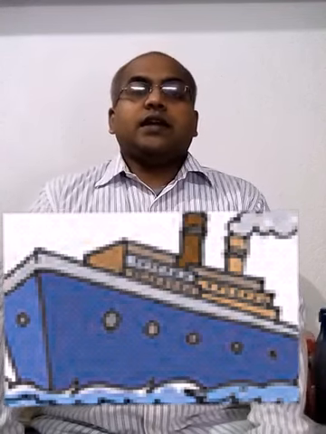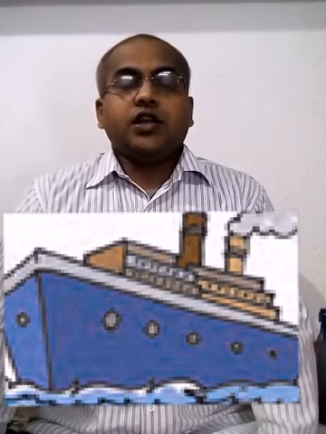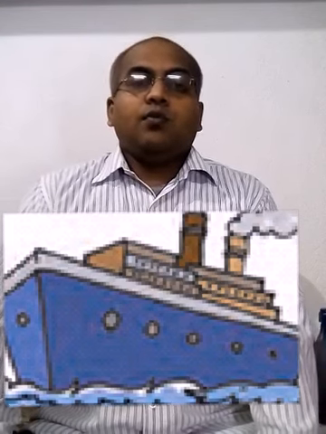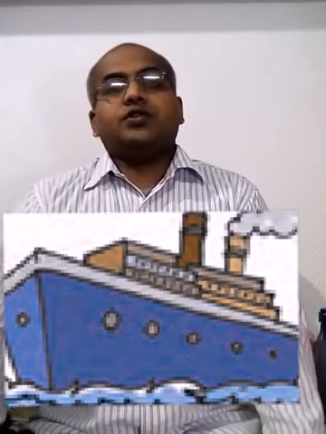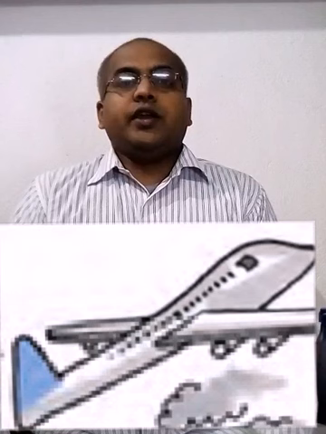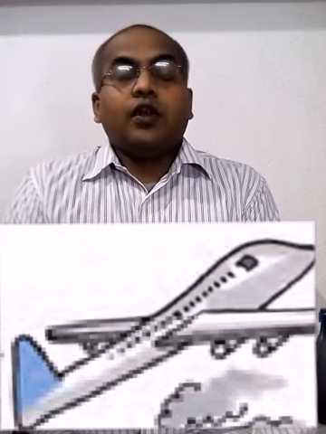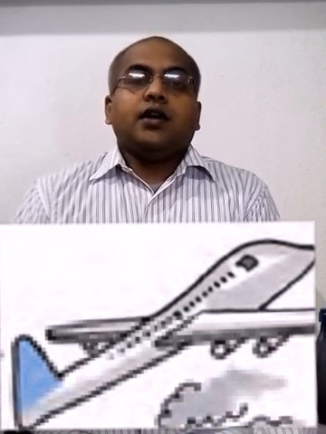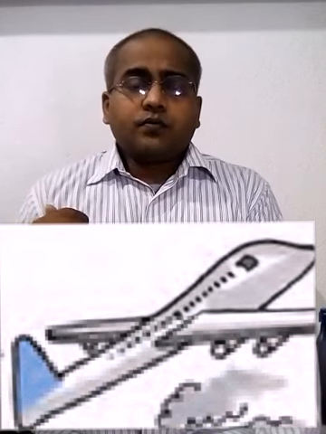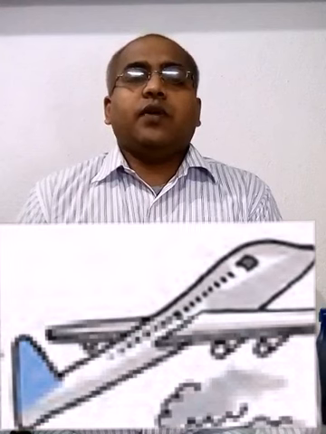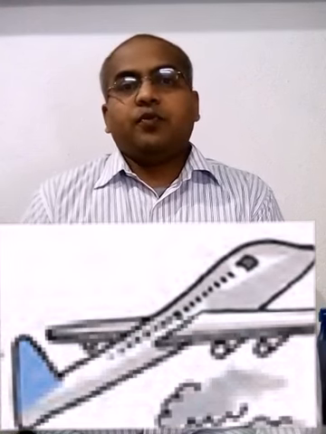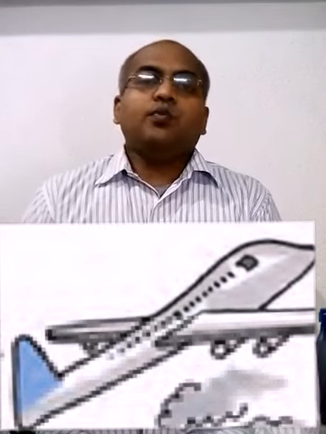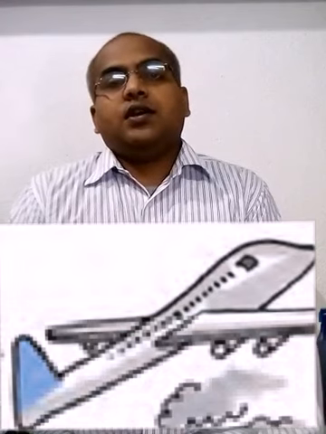Then the invention of the steam engine revolutionized transport from one place to another place. In the early 19th century, the invention of the aeroplane also revolutionized the way of transport. People use them to move from one place to another place.